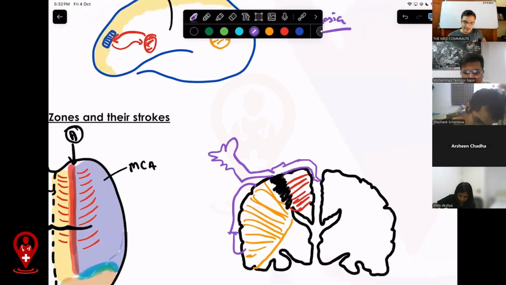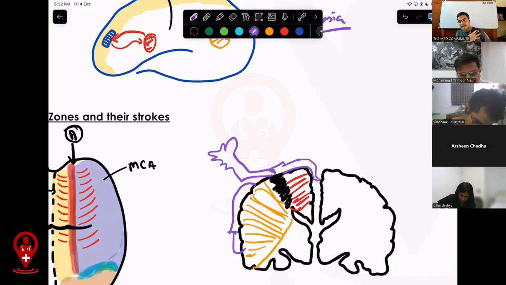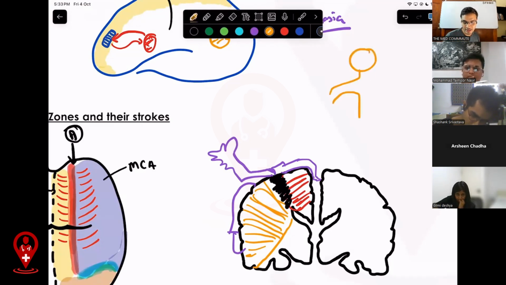So in this, guys, you can see the shoulder area of the hand is coming towards this watershed zone. Then the upper part of your leg, the thigh area, and the trunk are coming more towards this watershed zone. So this will give a characteristic clinical picture. They can have mixed symptoms, as you mentioned, that is correct.